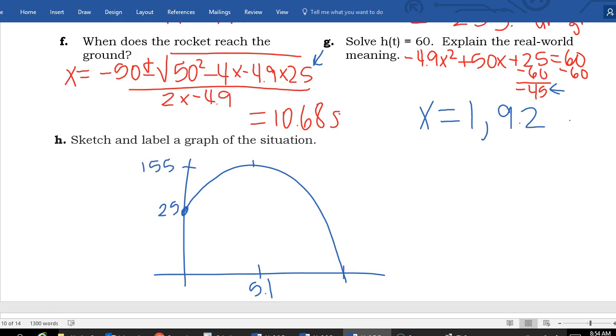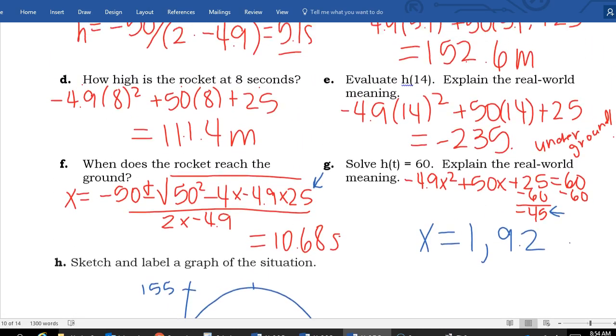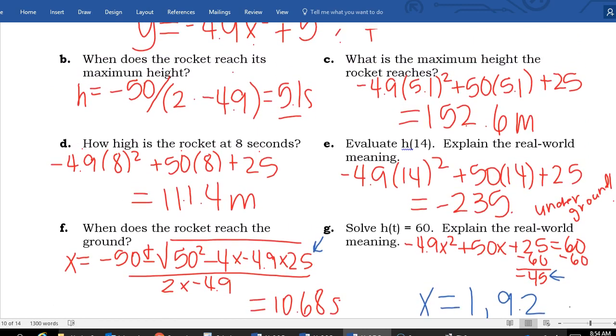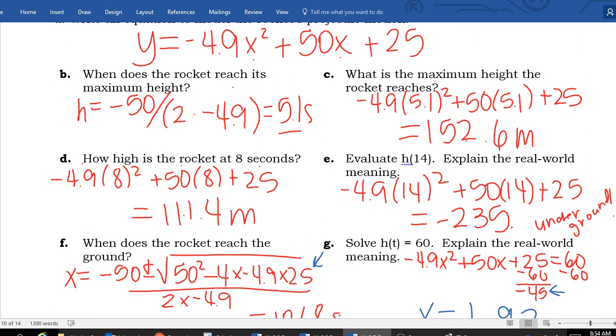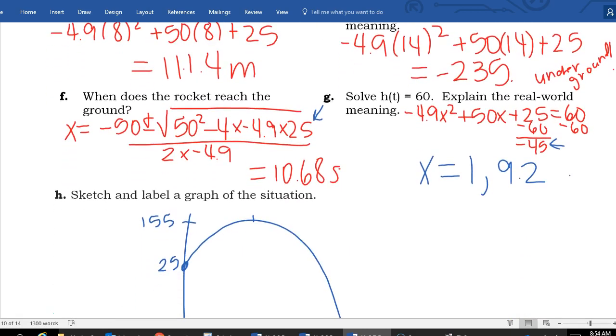It reached the ground at 10.1 seconds, I think. Oh, 10.68. It was right there. 10.68 seconds.